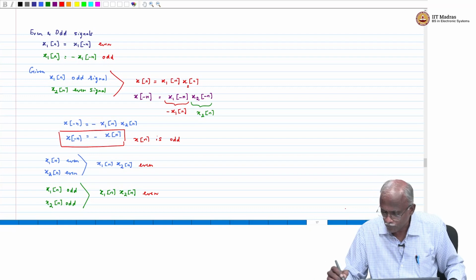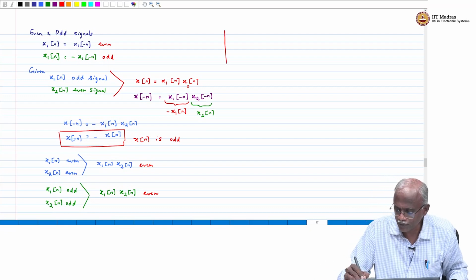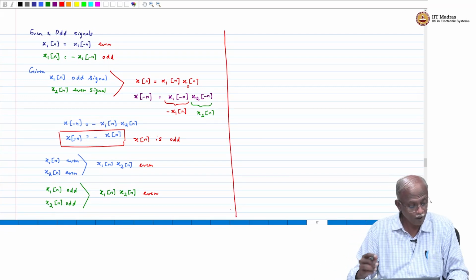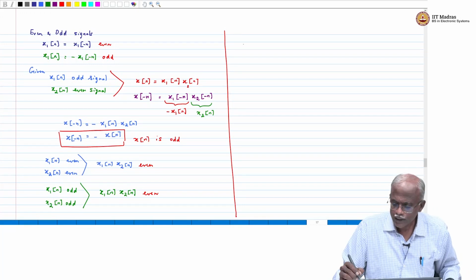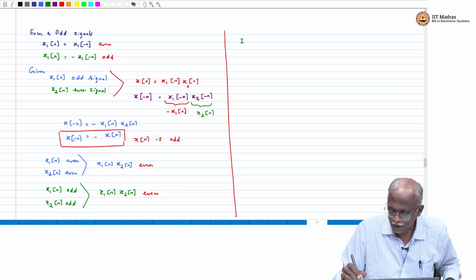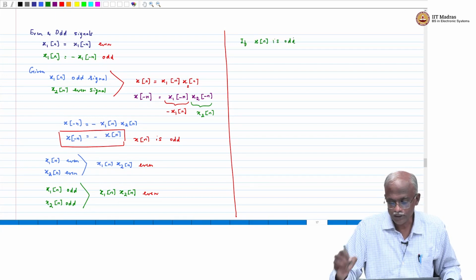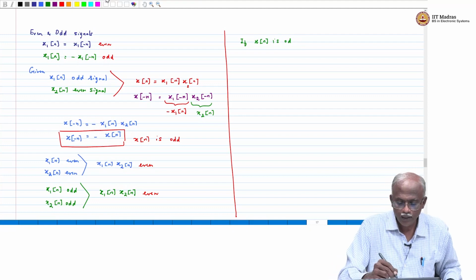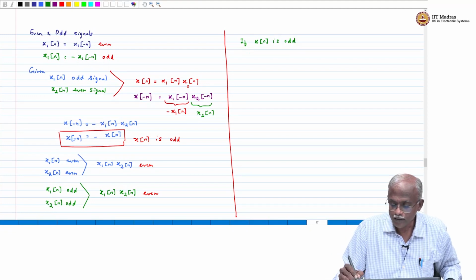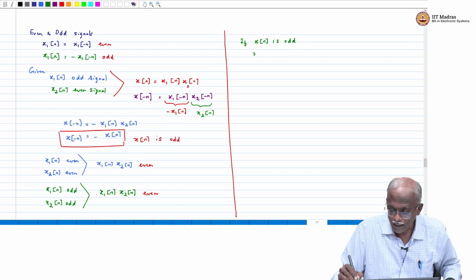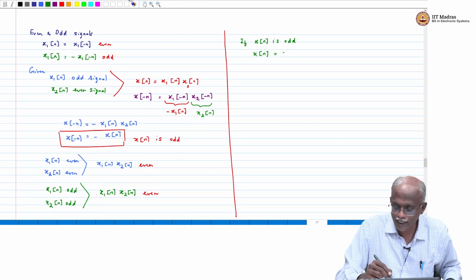Now, there are some further interesting properties which I would like you to also be aware of. Supposing we are given that x of n is odd. Then x of n must be equal to minus x of minus n.